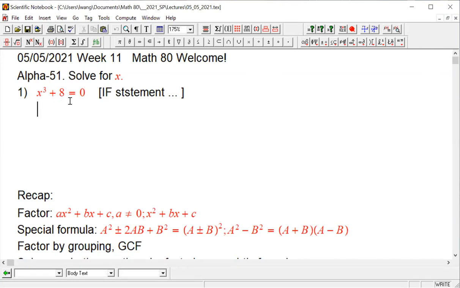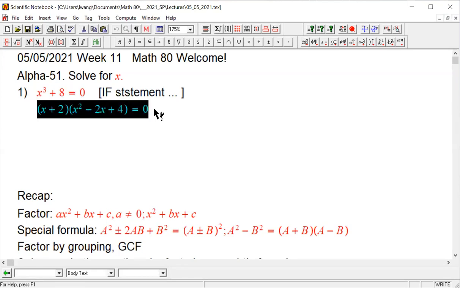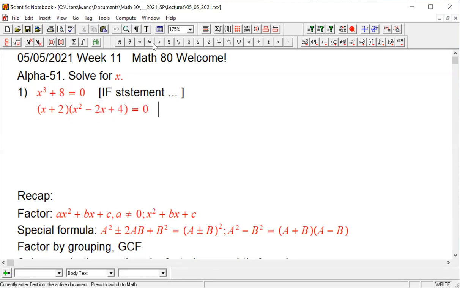So how do we find those 3 solutions? What we do is we factor. So we get x plus 2 times x squared minus 2x plus 4 equals 0. We had done similar things before. If this is true, then this is true. Now I'm going to view this as the product of 2 numbers is 0: A times B is 0.